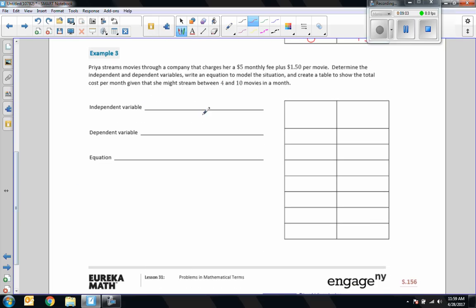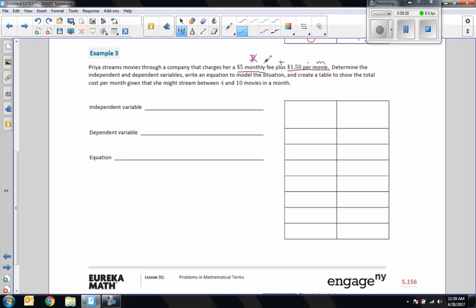Example 3. Priya streams movies through a company that charges her $5 a month plus $1.50 per movie. I'll call the movies M. And then there's a monthly fee, we'll call that F, and that's going to be our constant.